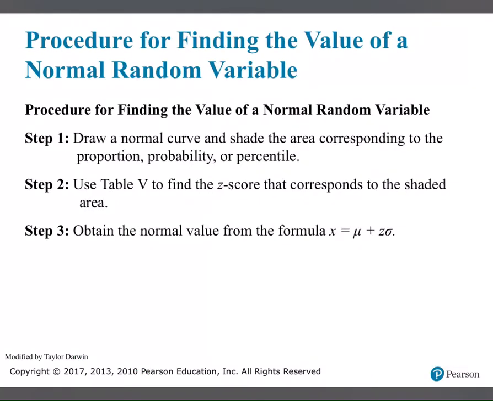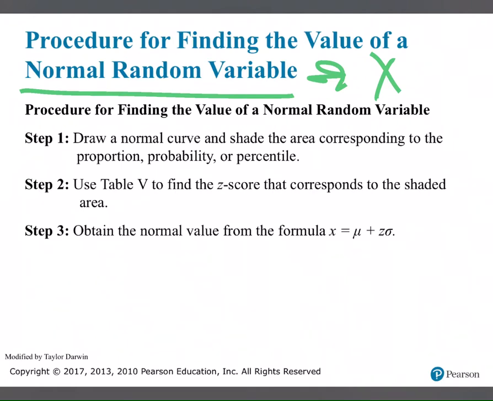Just like we can find the z-score, we can find a normal random variable, aka the x value. There's a couple steps. Let's draw a normal curve and shade what we're looking for. And then we're actually going to go backwards.